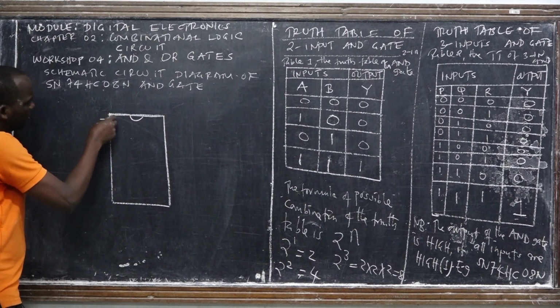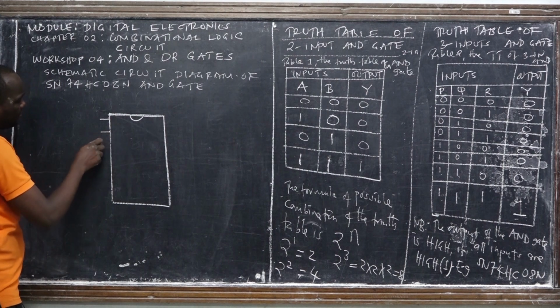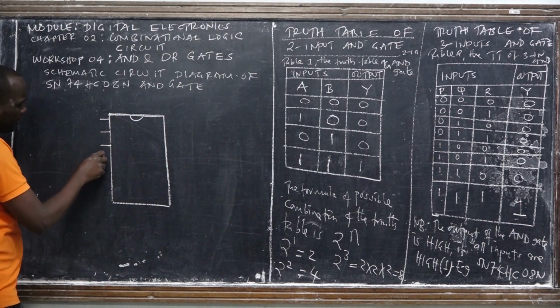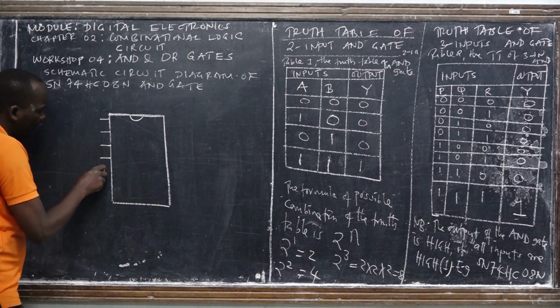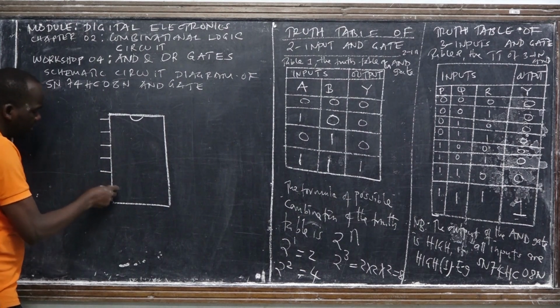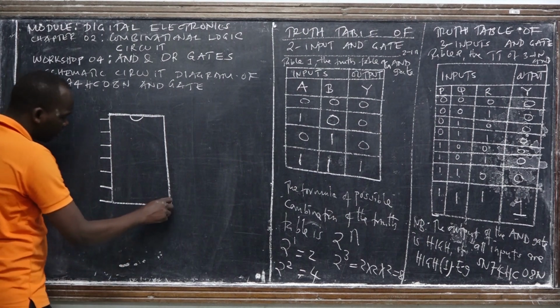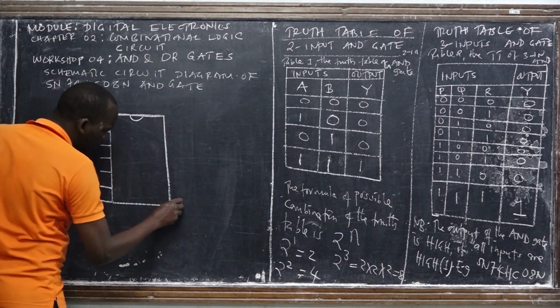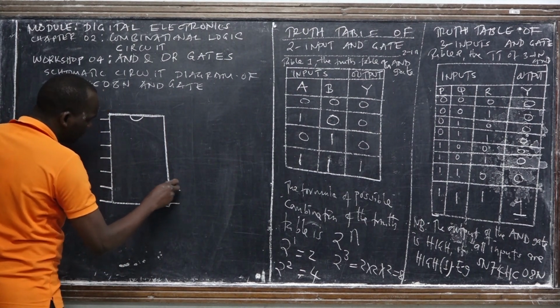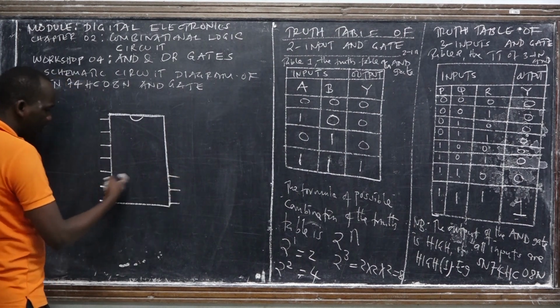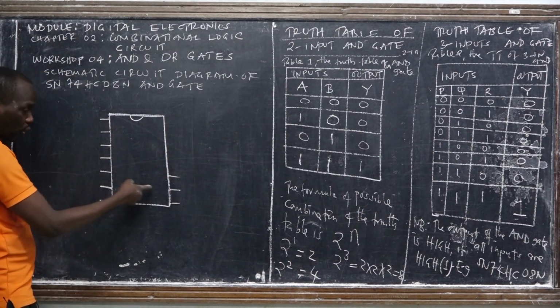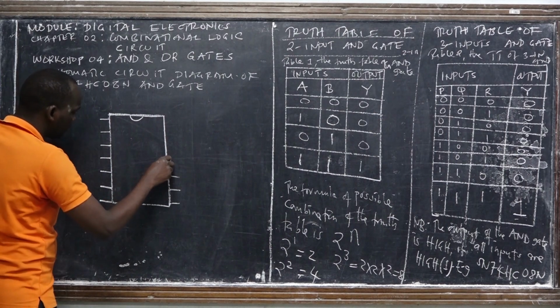The first pin, the second pin, the third pin, the fourth pin, the fifth pin, the sixth pin, the seventh pin. On this side also we have 7 pins. But remember, you have to use a ruler to draw them in a straight line.